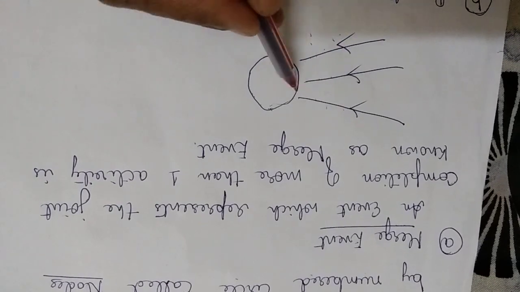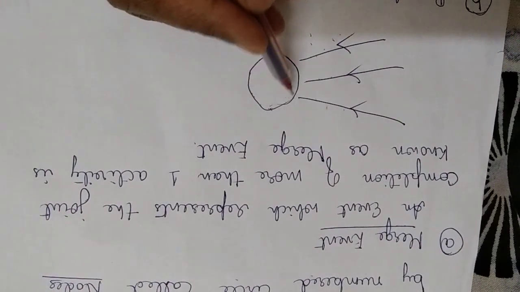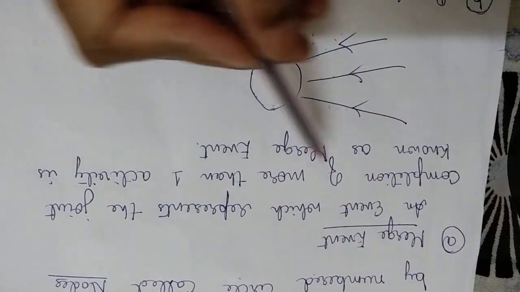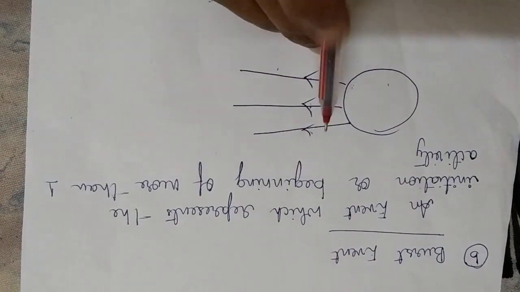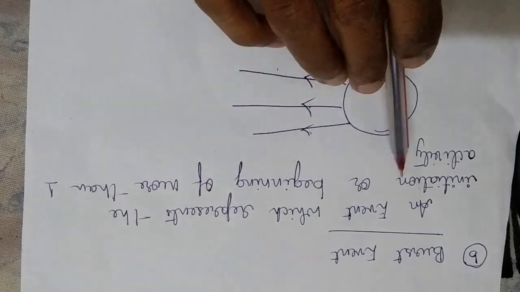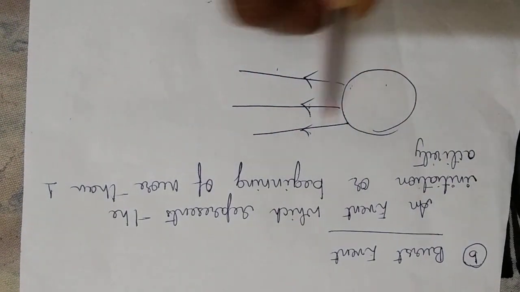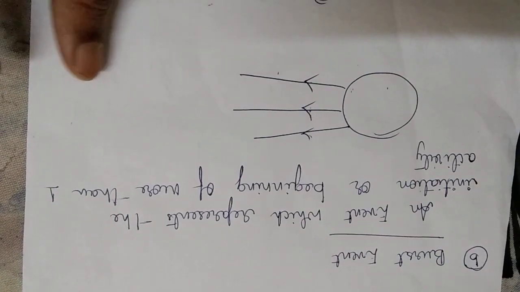If you see here 1, 2 and 3, there are 3 events which have completed, and this is called a merge event. An event which represents the joint completion of more than one activity is called a merge event. The reverse of the merge event is a burst event. An event which represents the initiation or beginning of more than one activity. Here this activity is leading to 3 more activities. This is called a burst event.